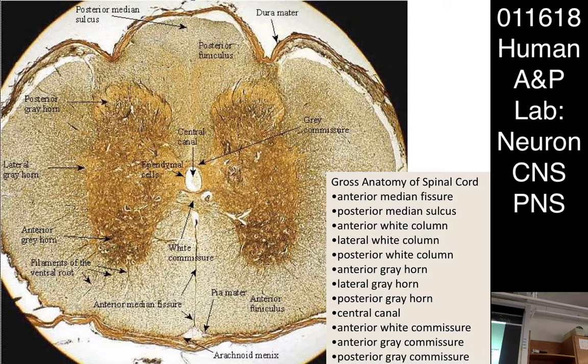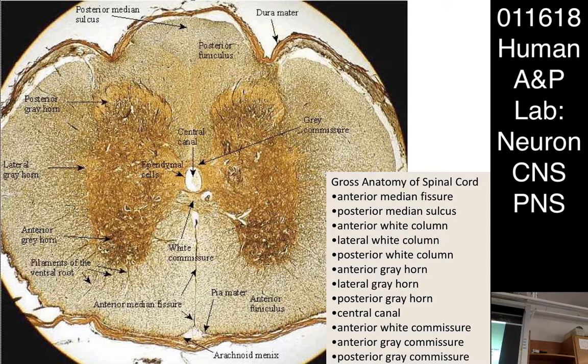These horns are going to be the place where the cell bodies of various neurons reside. They're going to be kind of like nuclei where the cell bodies exist.